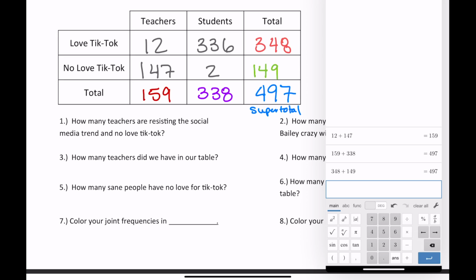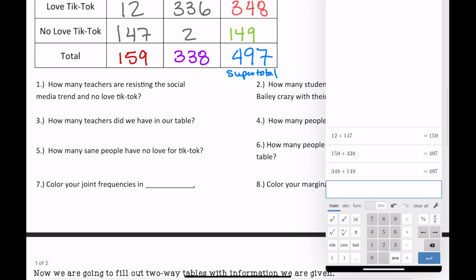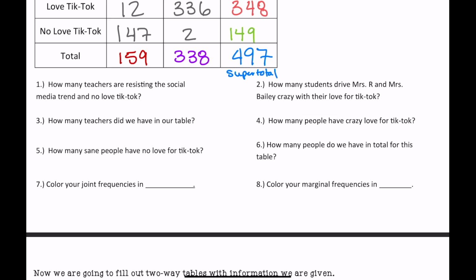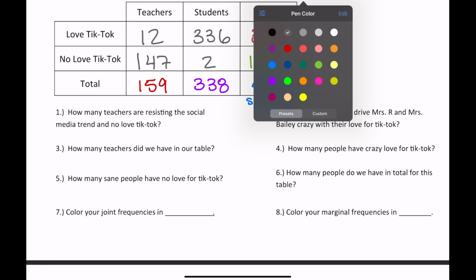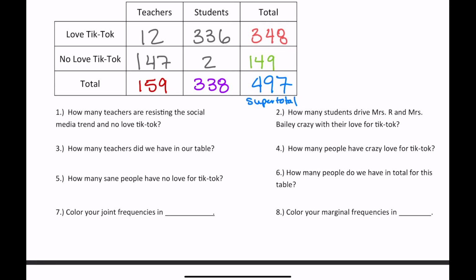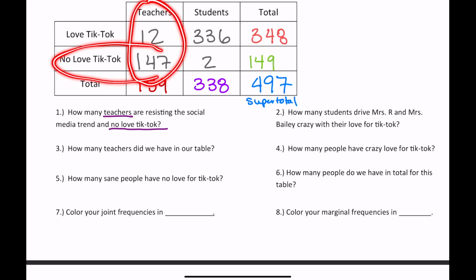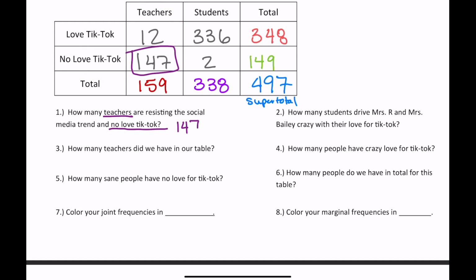Now we're going to answer some questions. How many teachers are resisting the social media trend? So teachers who no love the TikTok. That's going to be this 147 right here.